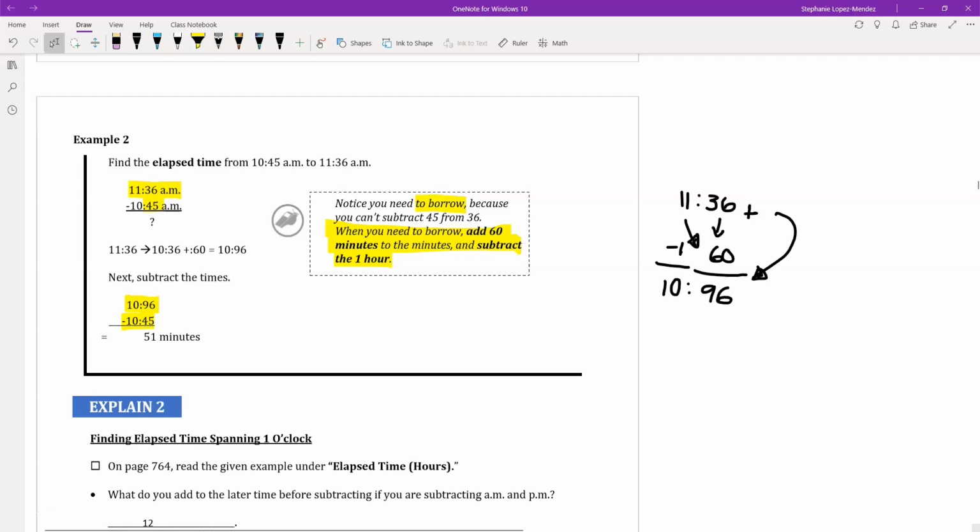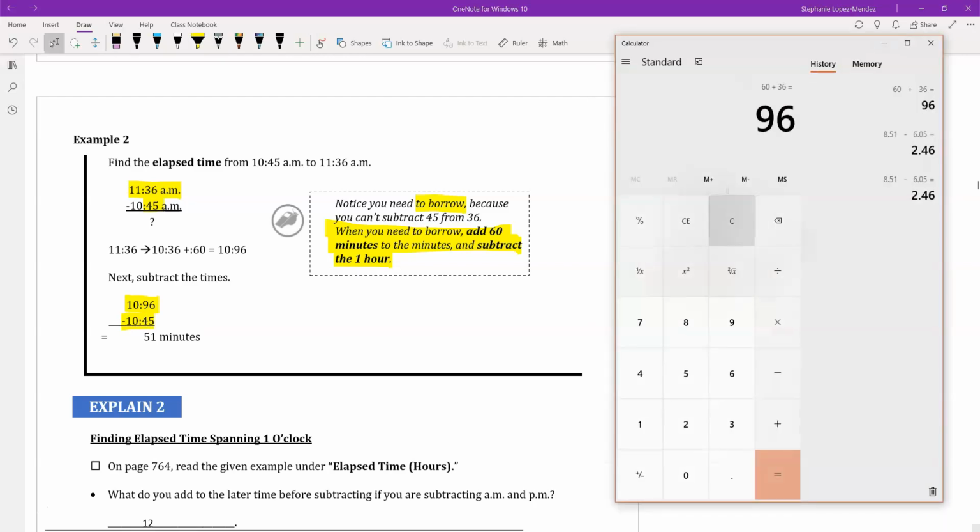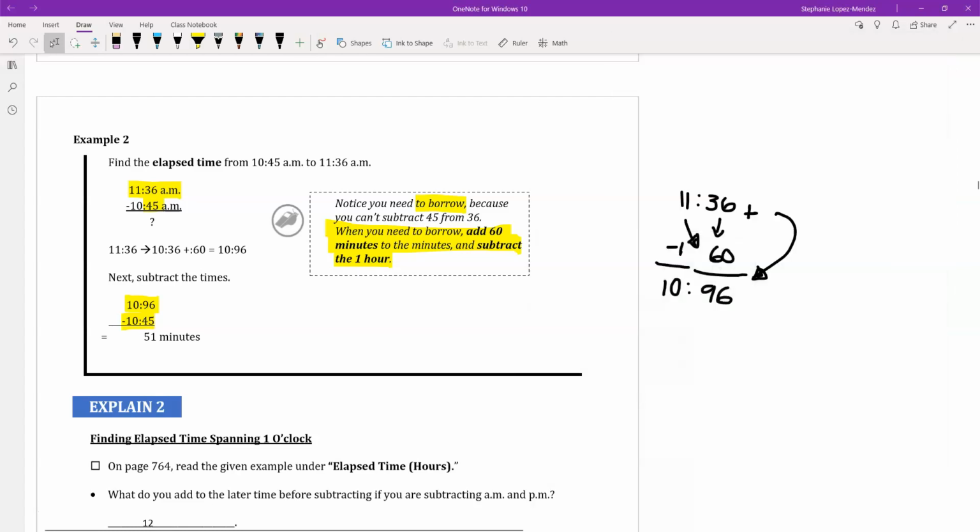Okay, so now I'll go to my calculator and I do 10.96 minus 10.45 equals 0.51, which is what we have here. Since we had 0.51, that means that there's no hour. My result is only 51 minutes.